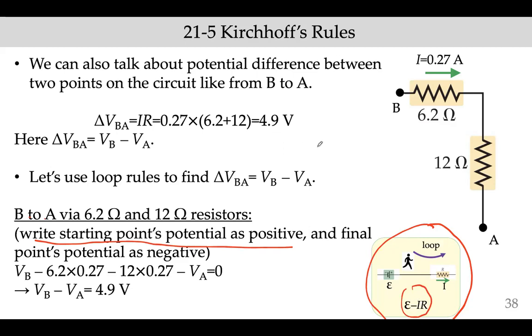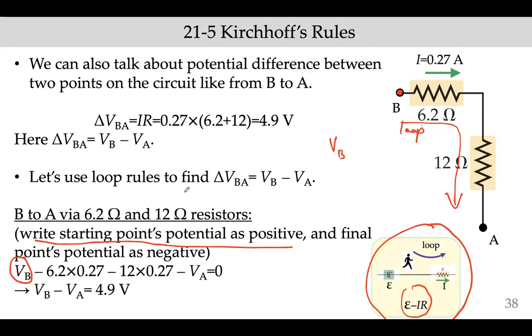So we first start from this point. We write this point's potential as positive, and the final point's potential as negative. We started from here and wrote VB. Now we run into this resistor, with the current and the loop direction, so let's say this is our loop direction.